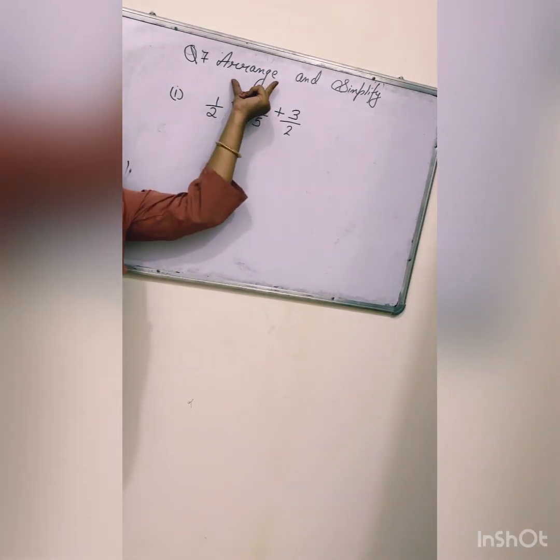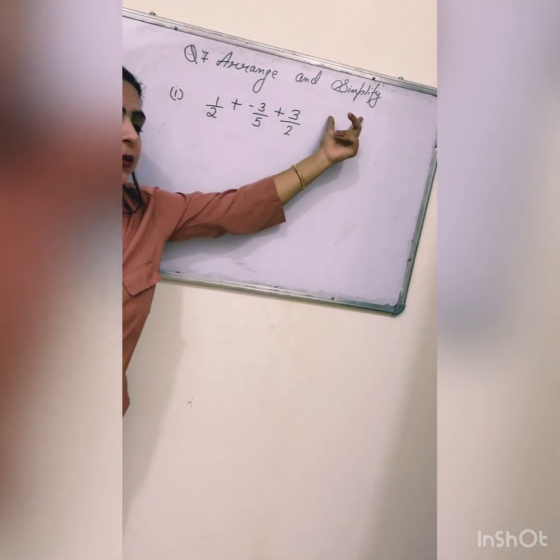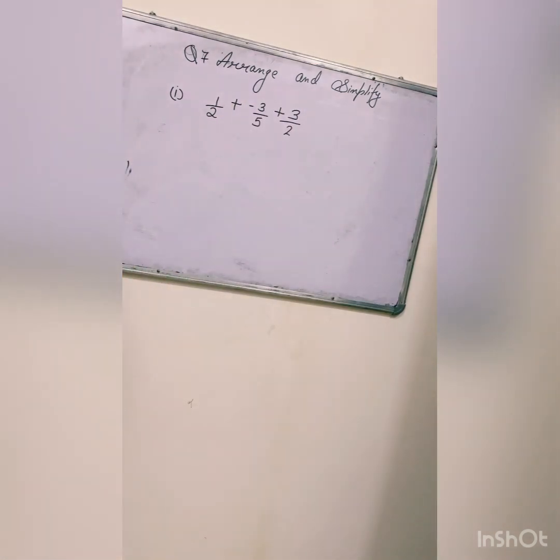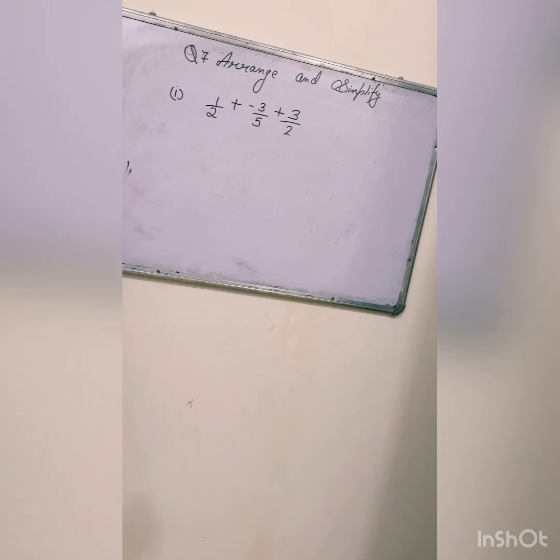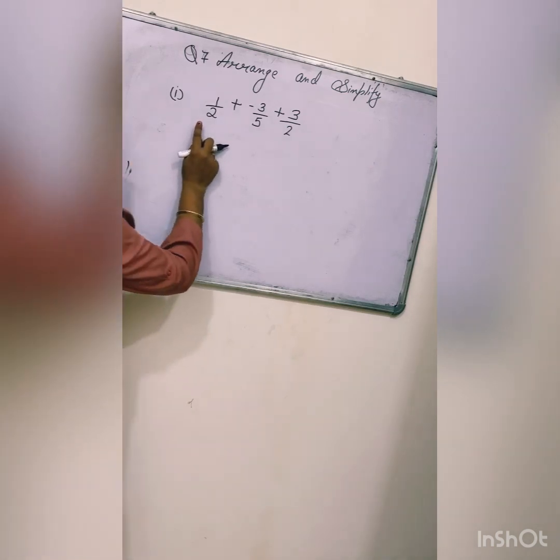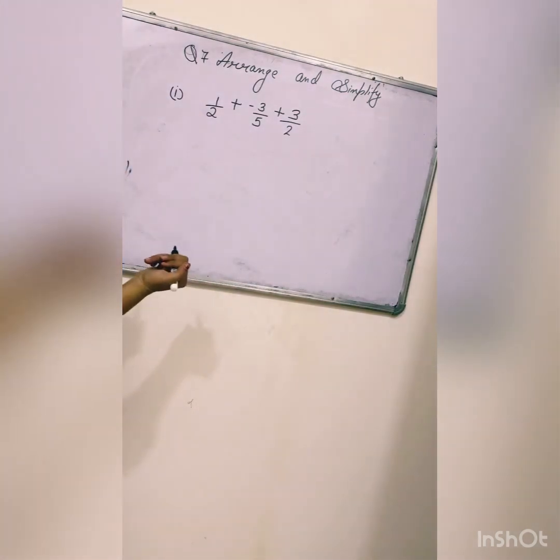Here it is written first arrange it and then simplify it. What does this mean? We are going to arrange this, whatever pattern it can be. Arranging has different patterns. We'll see that whatever pattern it can be, we are going to arrange and then simplify. Okay, let us start with it.